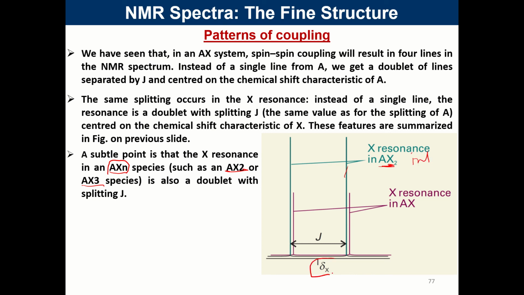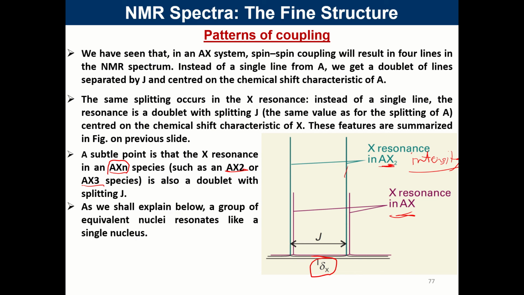For the X nucleus, there won't be any change in the positions of the chemical shift. There won't be any change in the splitting pattern. It will still remain a doublet, but the intensity will be doubled in AX2 as compared to AX, because there are two such nuclei giving rise to that NMR signal. So we have an intensity increase.